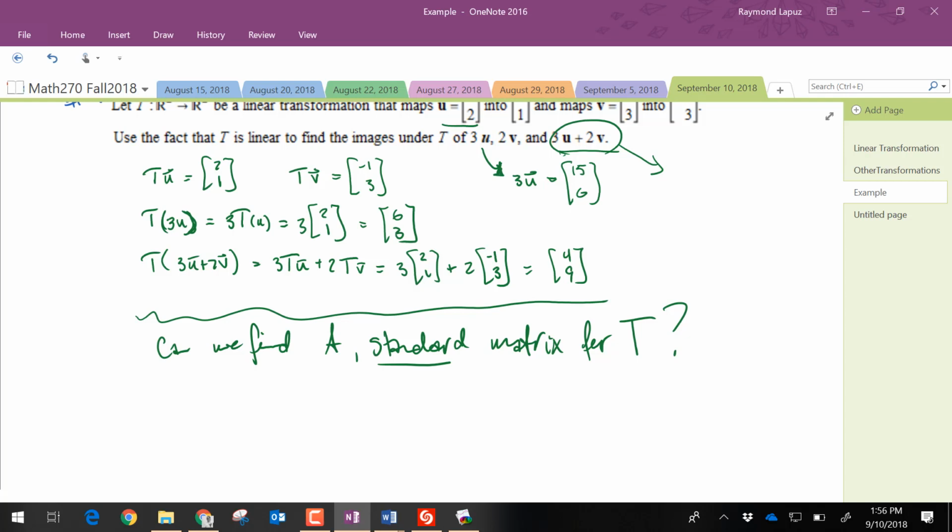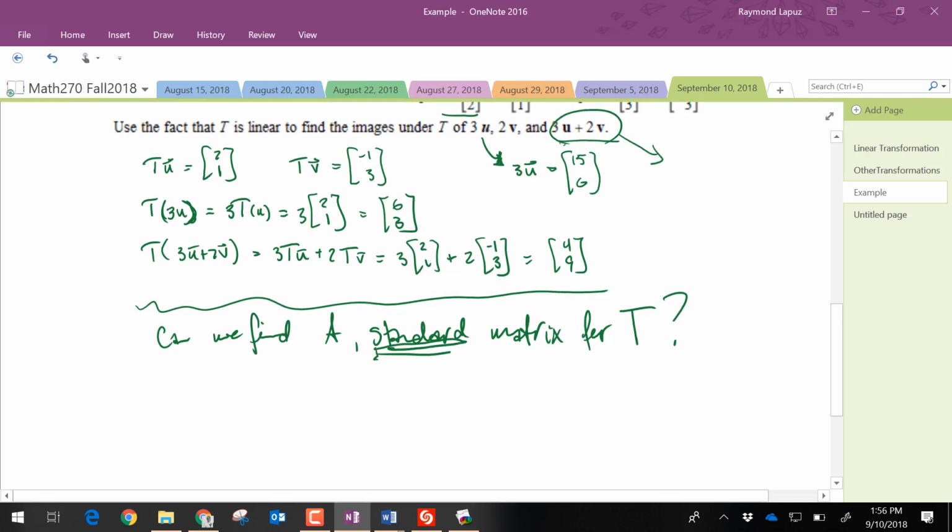So think about how to recreate your standard matrix by finding out what happens to (1, 0) and (0, 1), because that's what you need in order to come up with a matrix: to look at what happens to the standard basis, the i and j vectors. Okay, can you do that on your own?